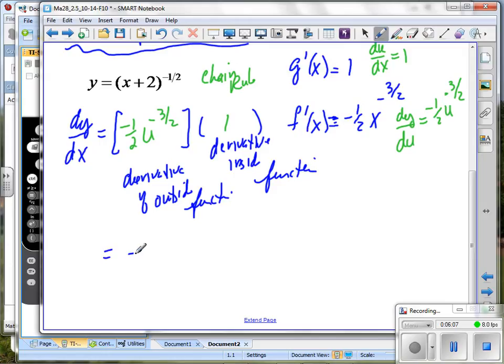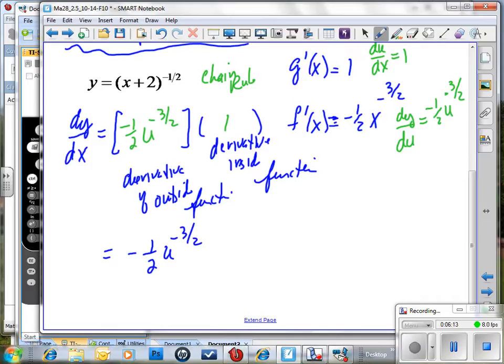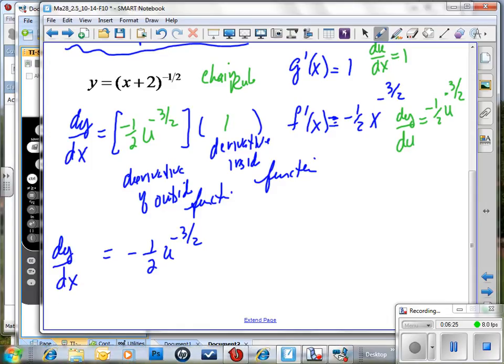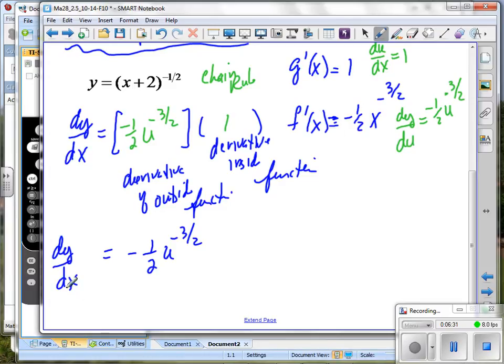So that should just be simply negative 1/2 u to the negative 3/2 if I multiply by 1. But I've got a problem. This is supposed to be dy dx. Do you see the problem I've got? What's the input variable? What's over here? Can't do that.